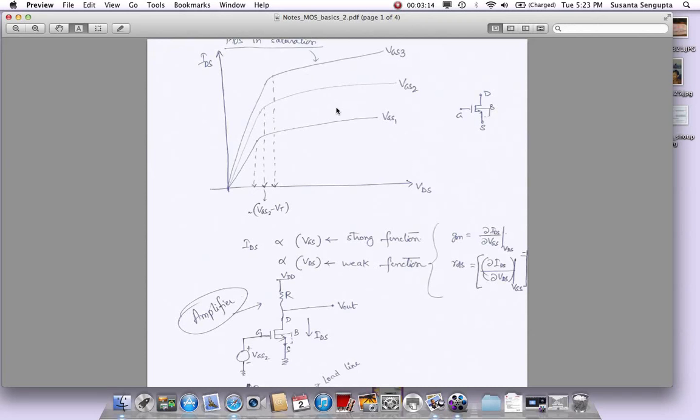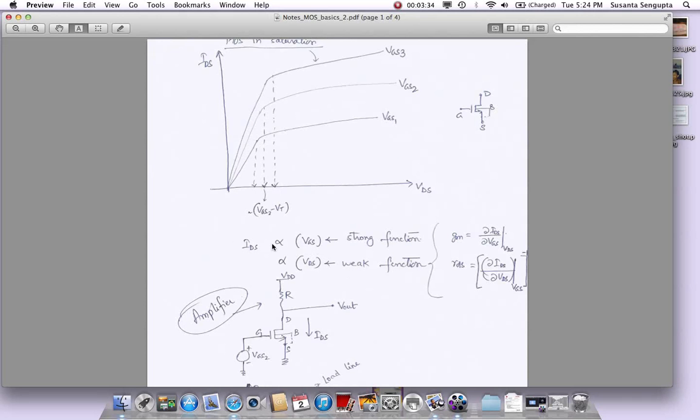So if I only consider the saturation region, it is a weak function. But if I consider the linear region, then it is not a weak function, it's a pretty strong function because there it acts as a resistor. The IDS to VDS relationship defines a resistor, where the MOS is acting as a resistor in this linear region.